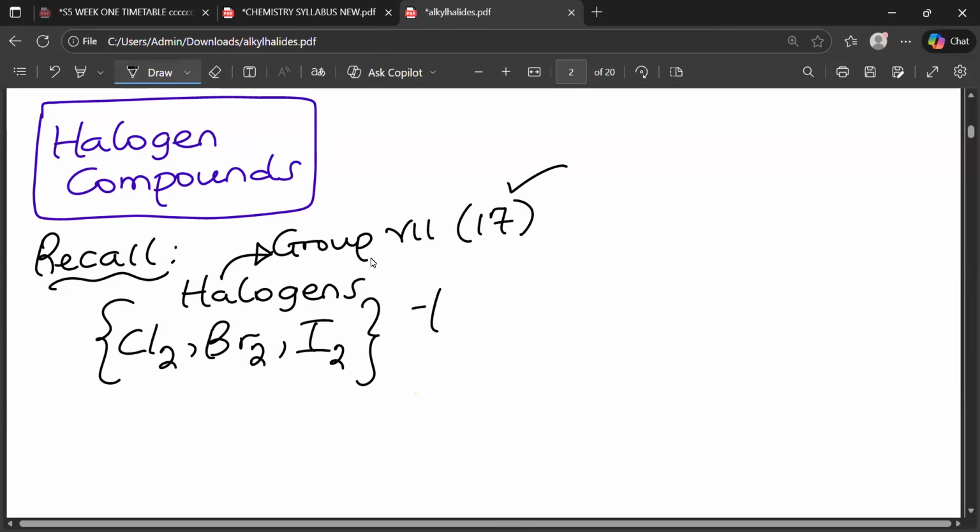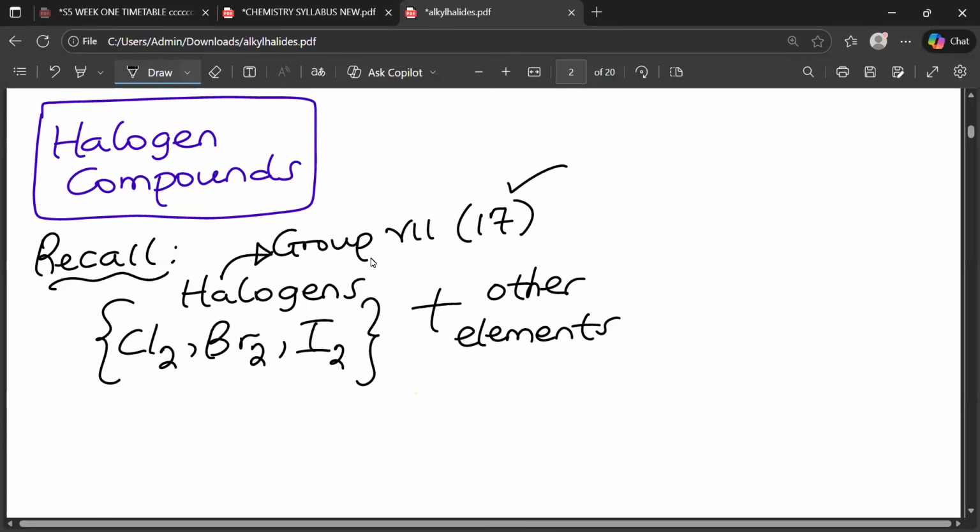When these ones react with other elements, I don't know whether you people remember senior 1 work, elements, compounds, and mixtures. They told you that elements are on their own, existing on their own. Then mixtures, you're adding things physically. You're not forming any chemical compound.